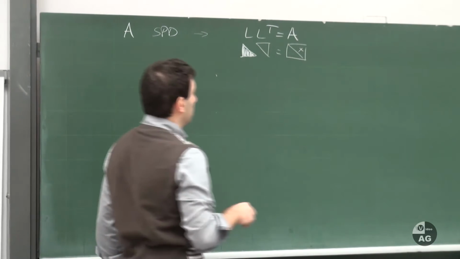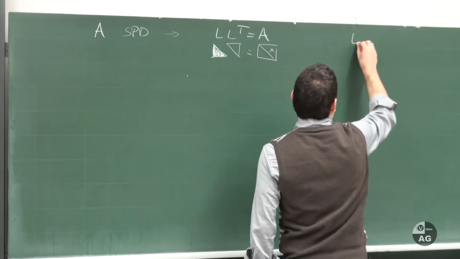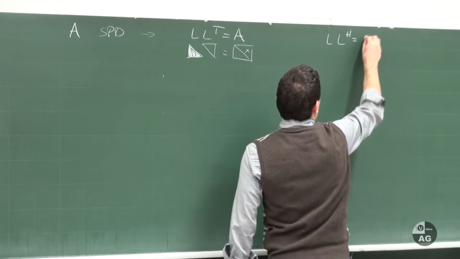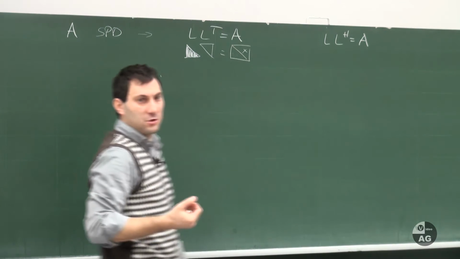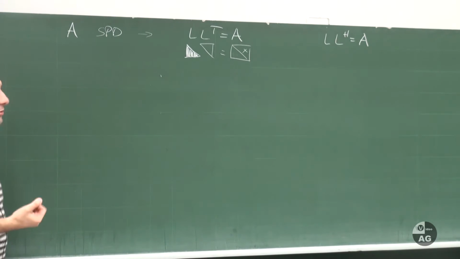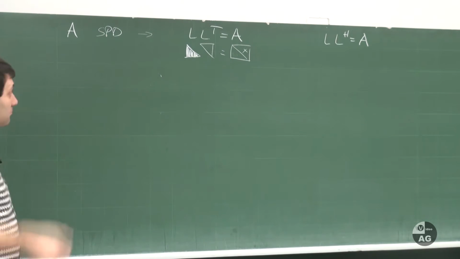In that case it would be Hermitian, and we would have such a decomposition where H is the complex conjugate. It would still be called Cholesky factorization.